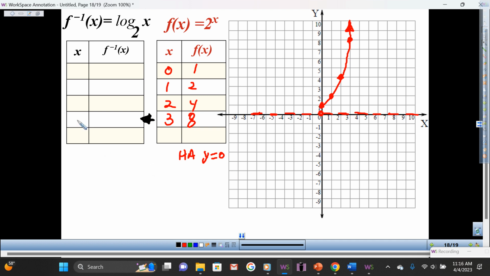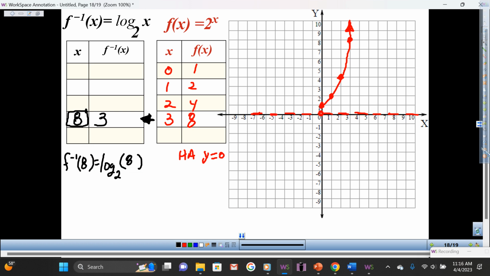You switch it, so what would I write? 8, 3. Let's see if it's true. Let's write our log, guys. This one. f inverse of blank equals log base 2 of blank. So instead of x, what am I going to use? 8. Let's see if it's true.